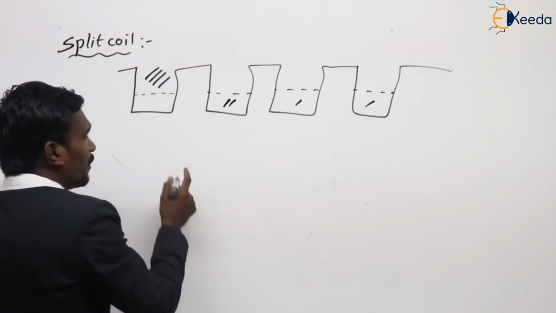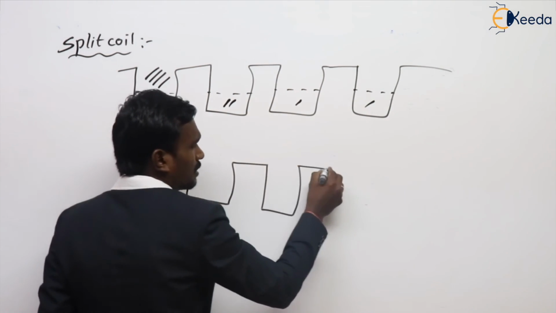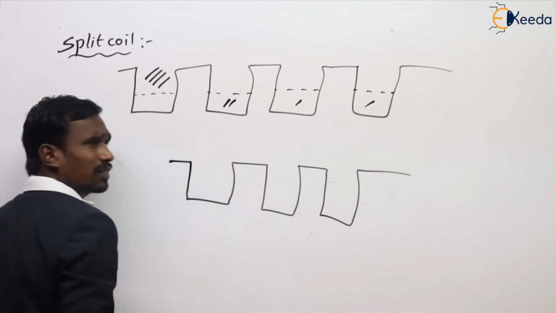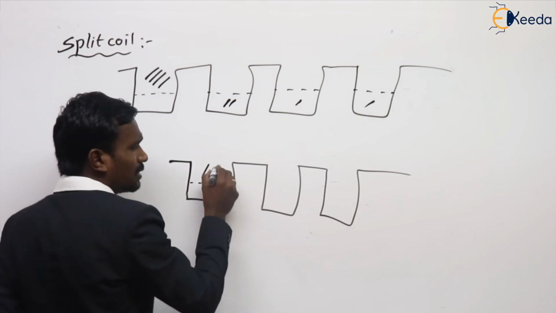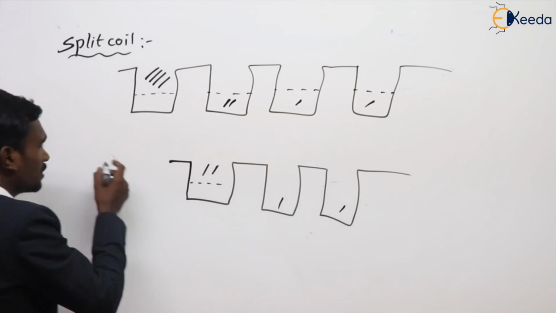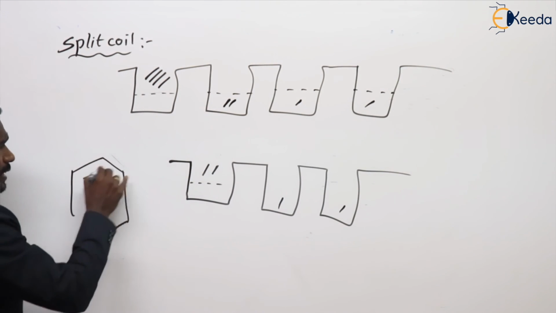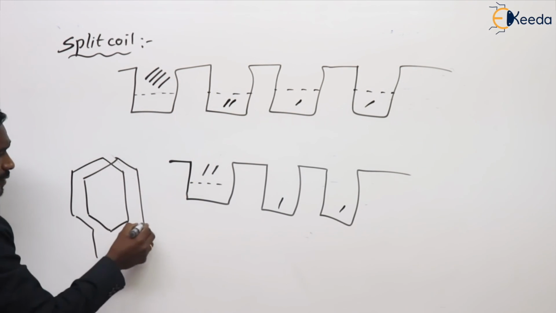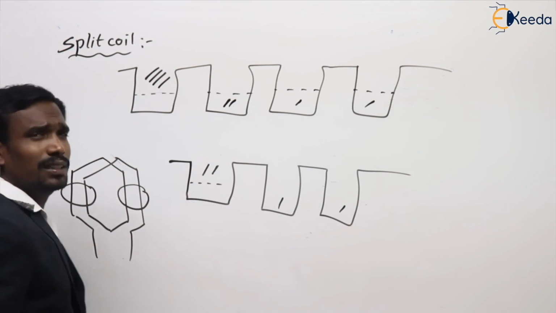How is this? For example, take 2 slots like this, 3 slots. For example, here we have 2 conductors in one slot and another 2 conductors are like this. This is a double turn coil, for example, like a double turn. We have 2 conductors on one side, another 2 conductors on another side.